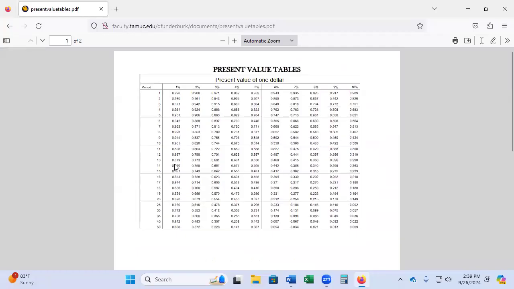Okay, so I apologize for digressing for a second, but I wanted to talk a little bit about present value. The expectation when you come into this course is that you already had these in intermediate one, but if you need a refresher, I'm happy to walk through them and help you with questions. When we're looking at one, we have present value of $1. That's a lump sum amount that you're going to have to pay in the future.